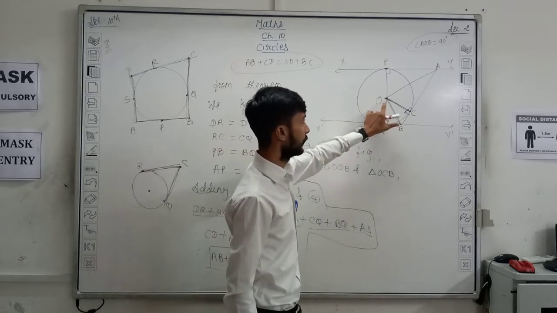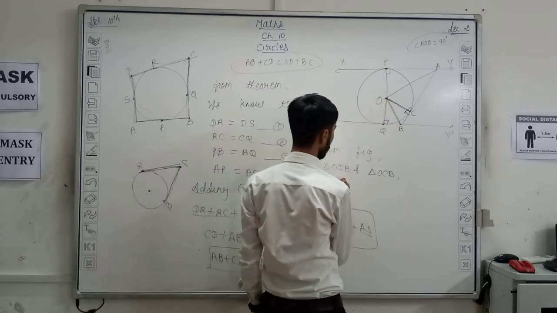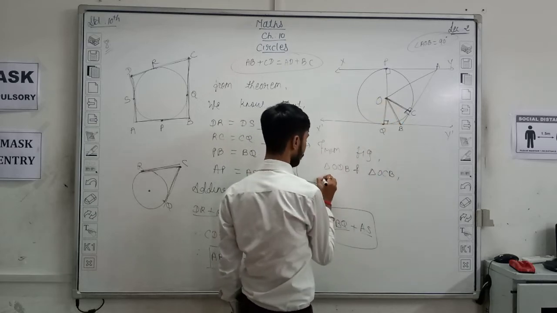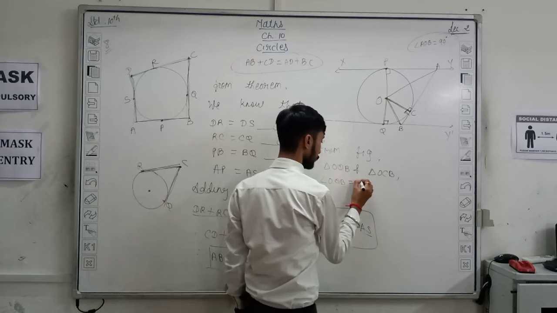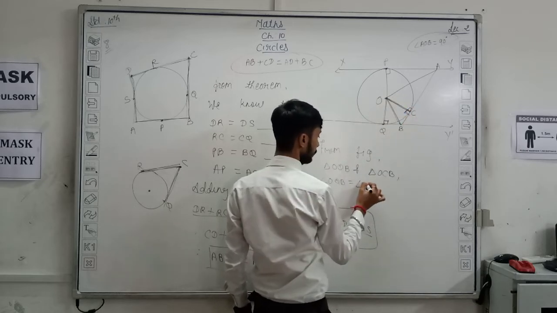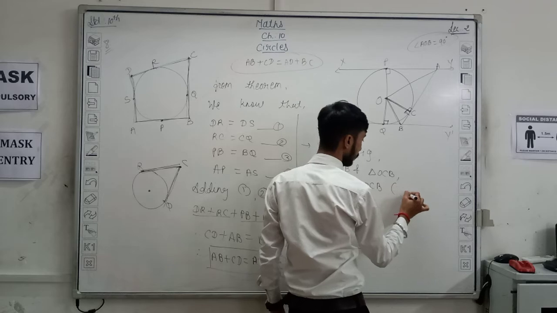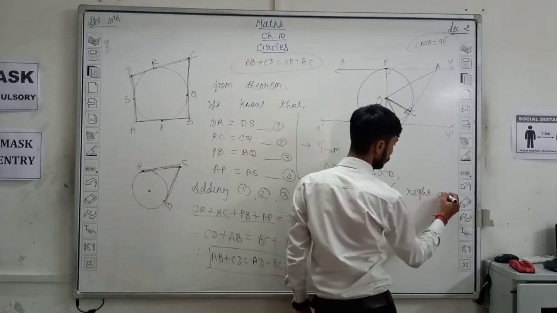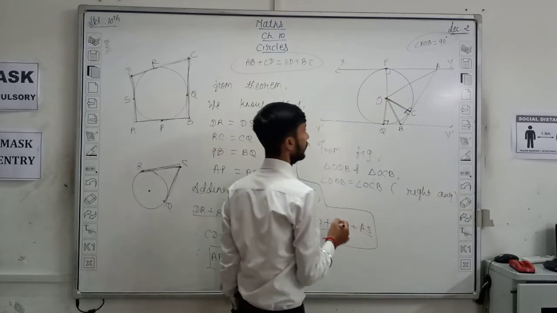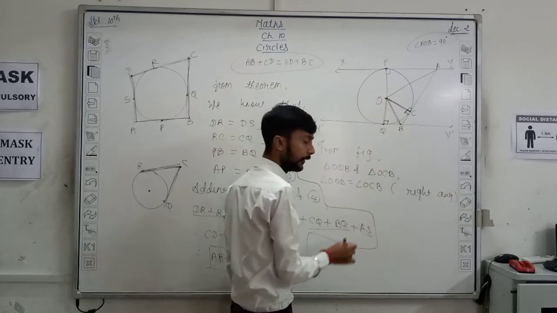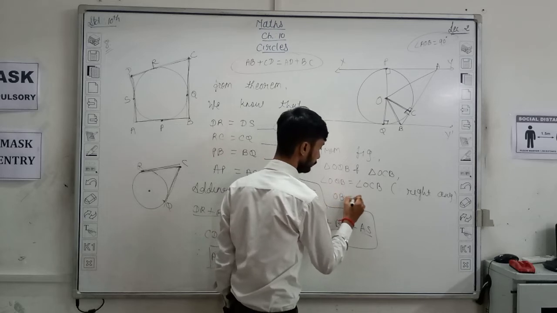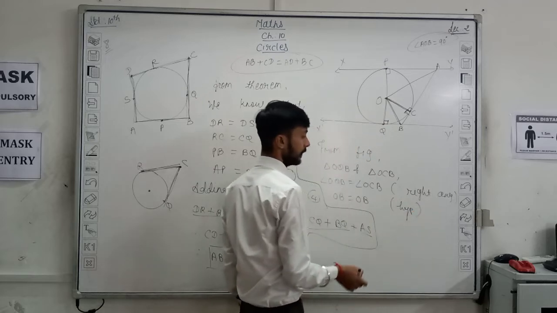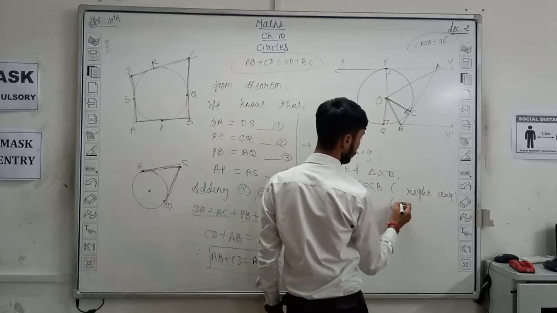So first, right angle: angle OQB equals to angle OCB, right angles. Second, hypotenuse, so OB equals to OB, hypotenuse, otherwise you can write here common side.